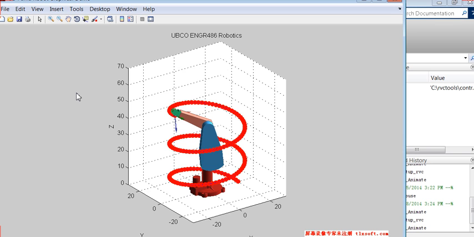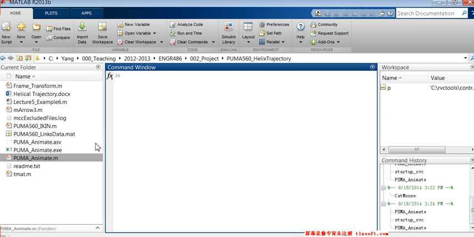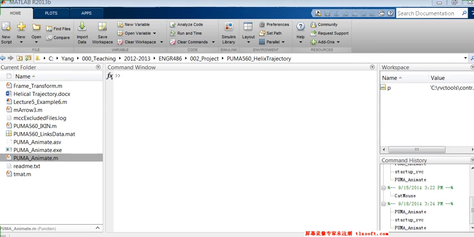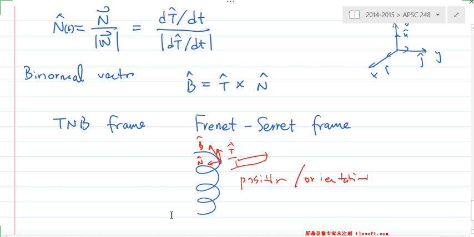This essentially involves forward kinematics and inverse kinematics, but the first step is to get the information of T hat, N hat, and B hat. That's the foundation. Is that clear? So now, back to the question. Let's look at an example of calculating T hat, N hat, and B hat.